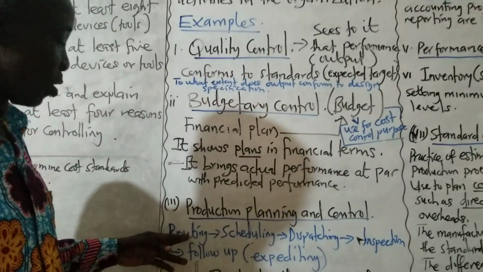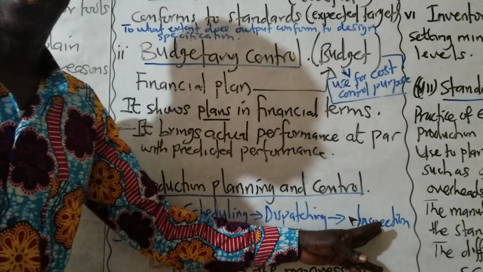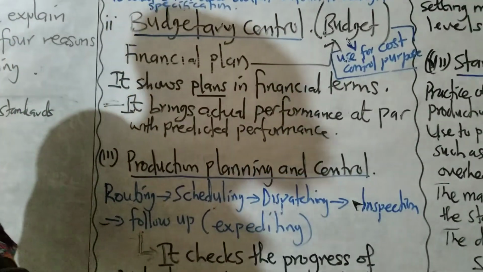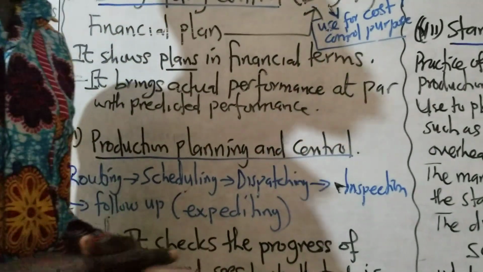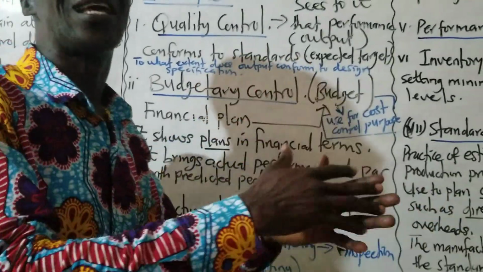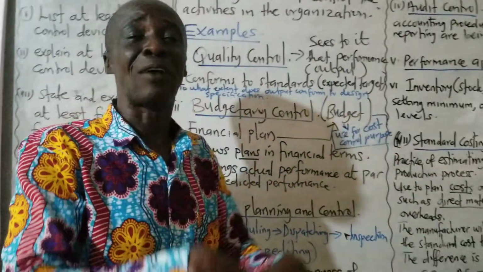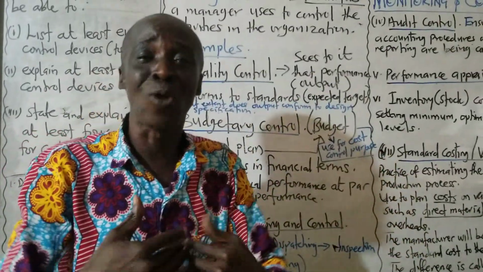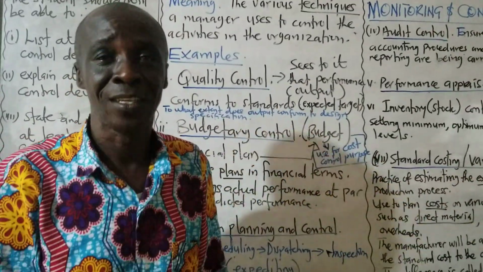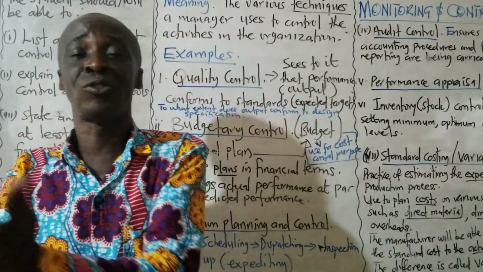So others will say routing, scheduling, dispatching, and then loading. When you say loading, you need to determine what each worker has to do, what the capacity of each machine is. You have to determine all those, and then you assign. So that is the loading. What can this one do? Who can do what? What is your capacity?